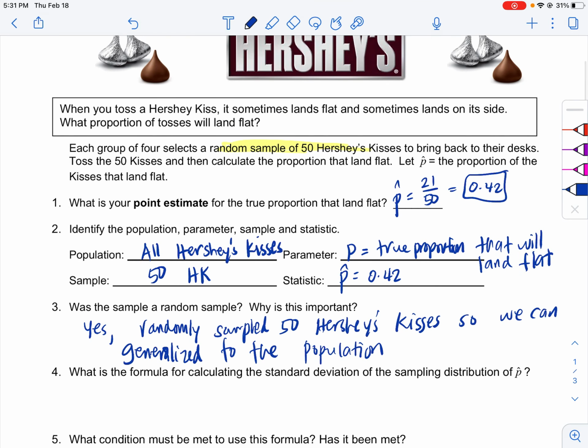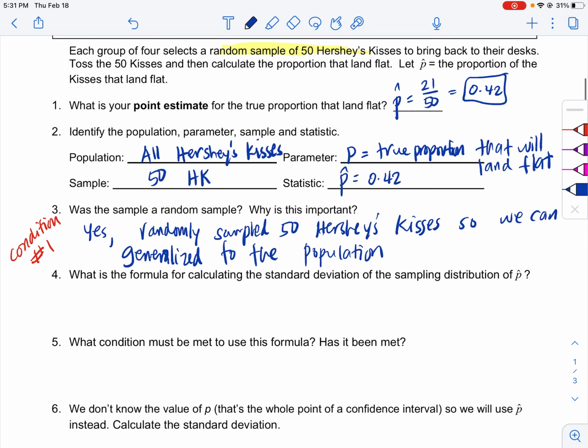It's important that we do a random sample so that we can generalize our result to the whole population. And this is our first condition. Condition number 1: we have to make sure that it is a random sample of Hershey's Kisses, or a random sample of students. It has to be a random sample.